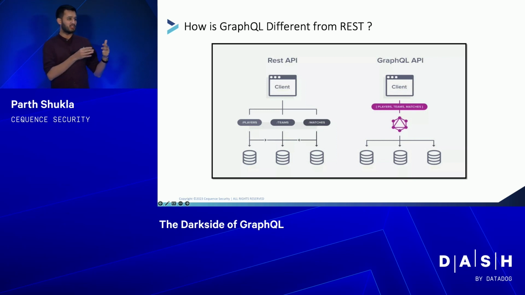Now, if the user wants players, then you will show the player data. After that, if he wants teams, you don't need to go back and make another transaction call to your server to get the players or matches data. You can directly show them as you already have them at the client side. That is why we said that there's increased efficiency. So the transaction calls are really fewer in GraphQL.